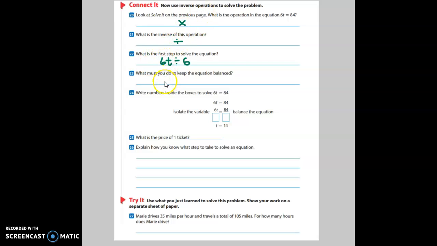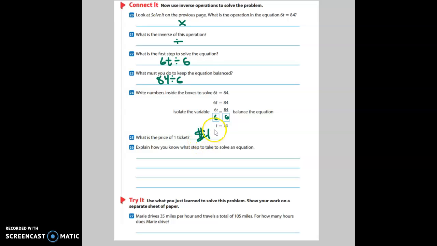Not quite. 84 divided by 6. Write the numbers inside the boxes to solve 6T equals 84. 6 and 6, just like we did up in 23 and 22. What is the price of one ticket? $14.